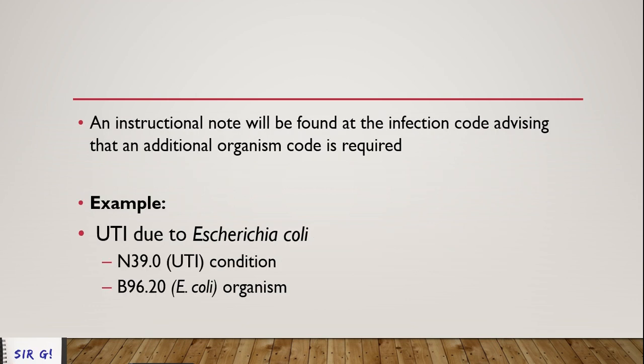So an instructional note will be found at the infection code advising that an additional organism code is required. Just for example, you forgot that you also need to code for the organism. There's always an additional code. There's always an instructional note in your tabular list that requires you to code an additional code for the organism.